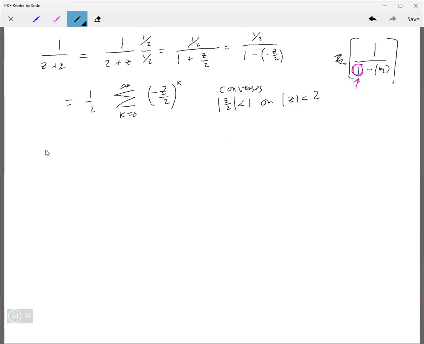So you got that. Now for the second one, you get the 1 right here instead. I'm going to divide the numerator and the denominator by z. So the numerator is just going to be 1 over z. Distribute this in here, you get 1 plus 2 over z. So that's going to be 1 over z times 1 over 1 minus negative 2 over z.